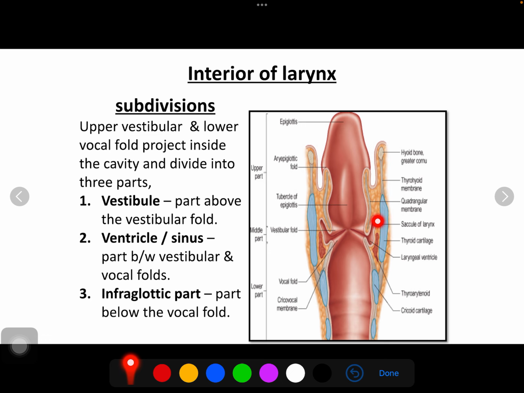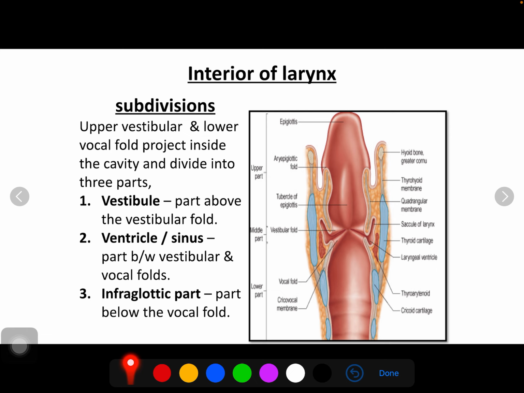A mucosal diverticulum is present, called the saccule of larynx, that extends upward blindly from the anterior part of the sinus on each side. The secretion of the mucous glands contained in the saccule lubricates the vocal fold, therefore it is called the oil can of larynx.